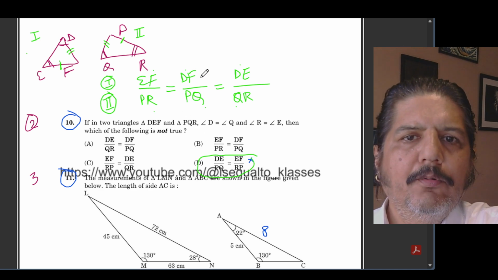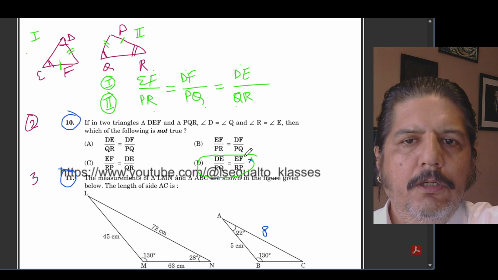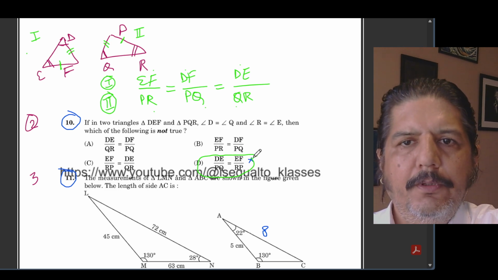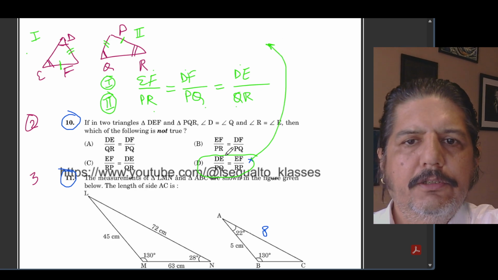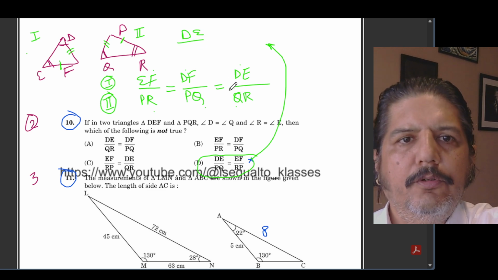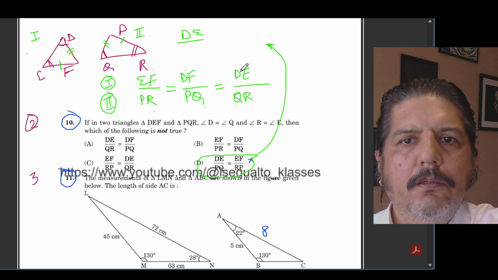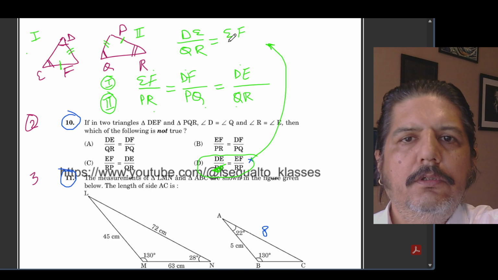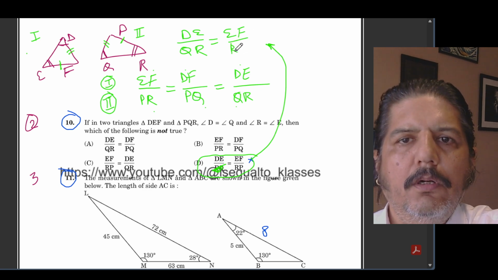So if you look at it, here it is written DE upon PQ is equal to EF upon RP. So this is not correct. Actually, if I have to correct this, it should be DE upon QR, so there is a mistake here. This shouldn't be PQ, this should be QR, and this is equal to EF upon RP.